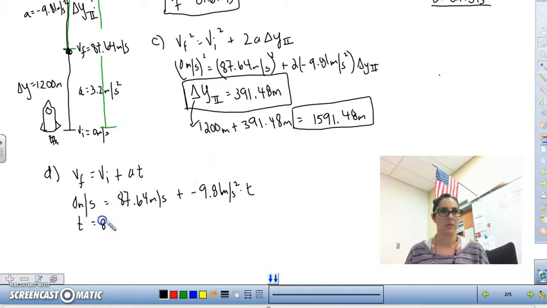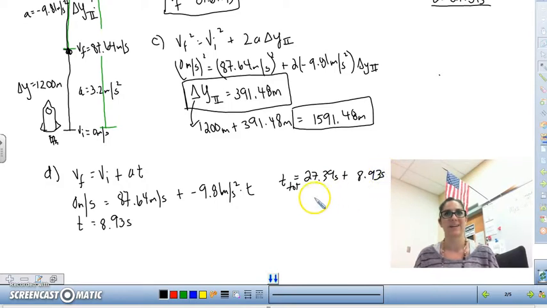So what I get is 8.93 seconds. So total to the maximum altitude would be the 27.39 plus the 8.93.